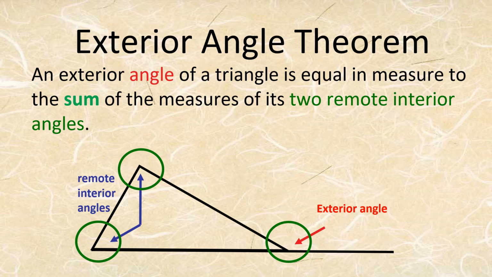It's adjacent. So, remote interior angles are angles of the triangle that are inside the triangle but far from it. Those are the remote interior angles. The sum of the measures of the remote angles is equal to the measure of the exterior angle.